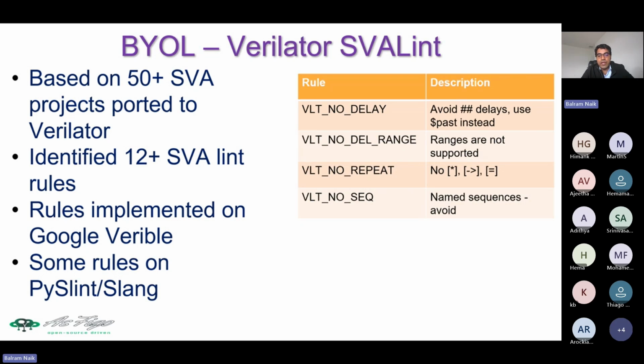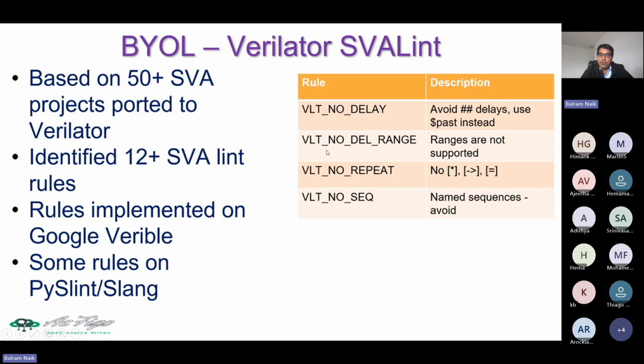In the background we have this Verible and Pyslint. They are the parsing tools which parse your entire assertion checker and keep it in a manner where it is compatible with the simulator. This is how the overall structure works.